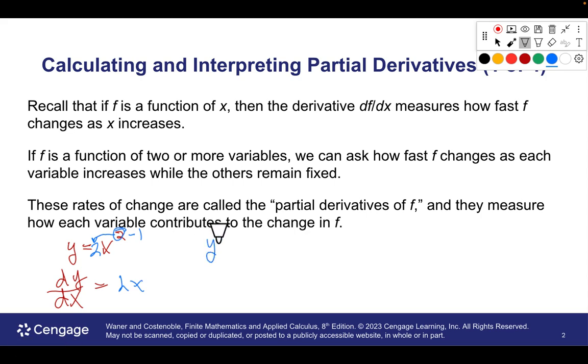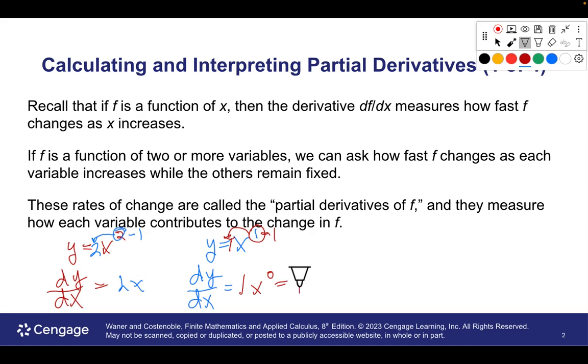What if I just had y equals x? What is that derivative going to be? dy/dx, the derivative of x. The 1 comes down. Remember, I'm really doing the same thing: the 1 comes down, I subtract 1 from the exponent. That's 1 times x to the 0, but anything to the 0 power is 1. So this is just 1.